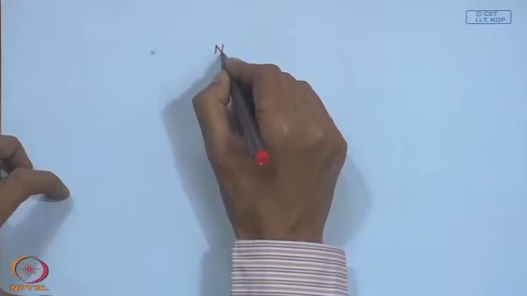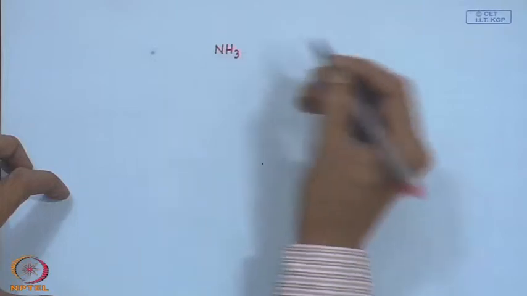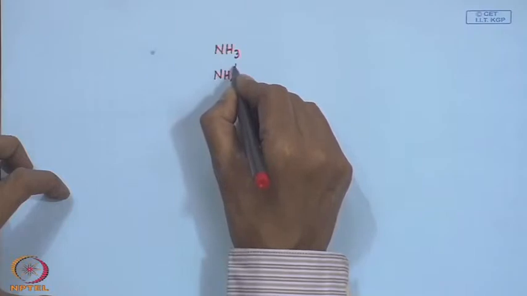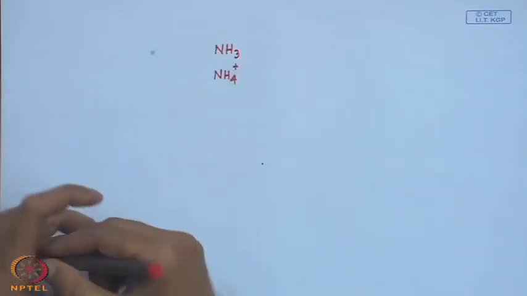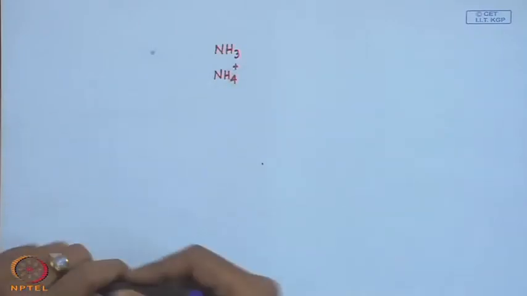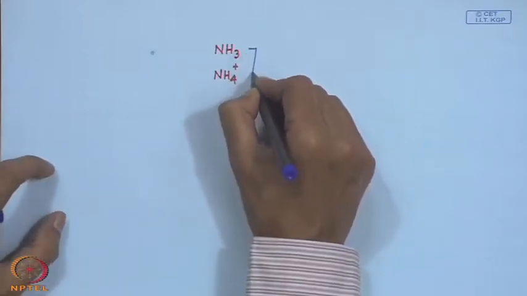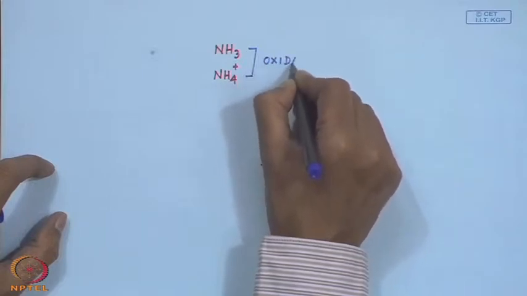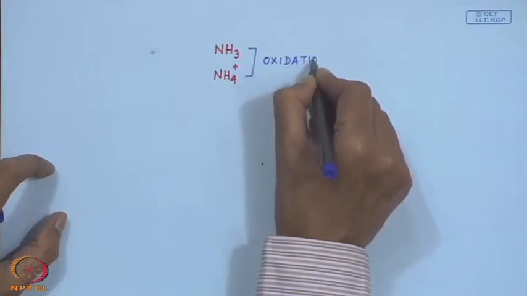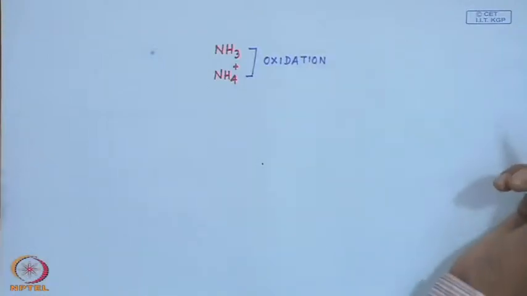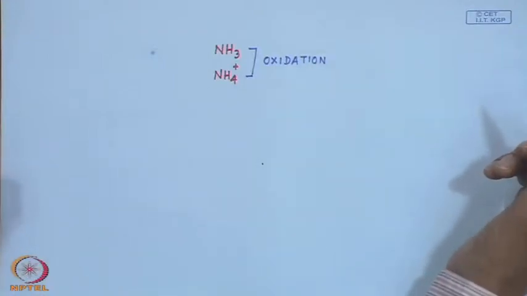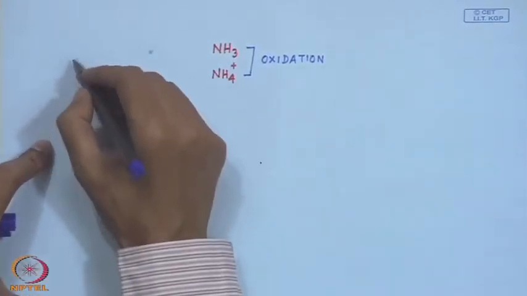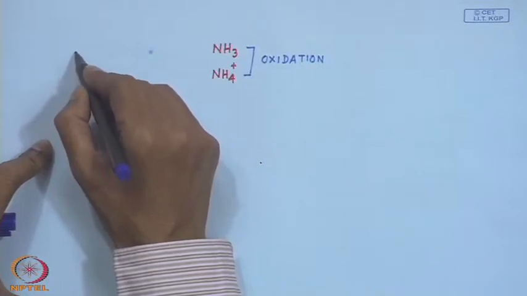So, if we have ammonia or NH4 plus as the corresponding ionic form, and if we consider their oxidation, how can we go for the corresponding oxidation of these two species? This is also a typical biological reaction, so biochemical things we should follow.